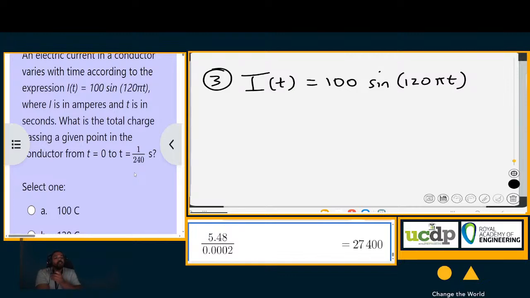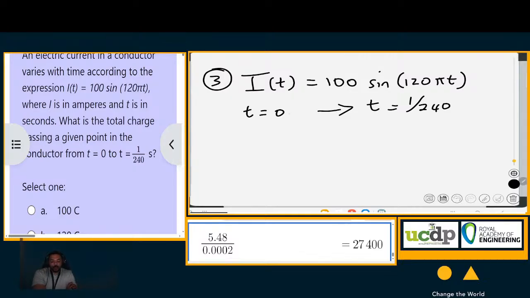They ask us what is the total charge passing a given point in the conductor from when t equals 0 to t equals 1 over 240. Okay, so let's just work out what is 1 over 240. That is in terms of seconds.